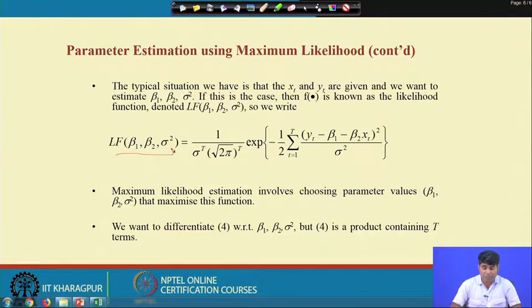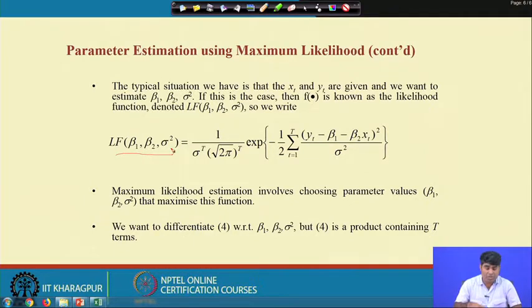Maximum likelihood estimation involves choosing parameter values that maximize this function. That means, technically as usual like OLS, the MLE procedure is also similar, where we can optimize with respect to beta 1, beta 2 and sigma square.